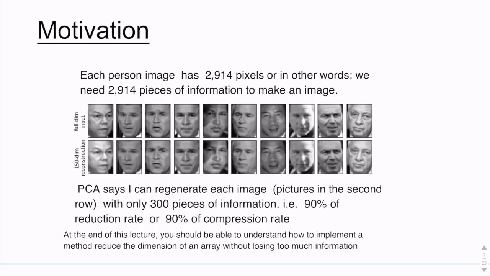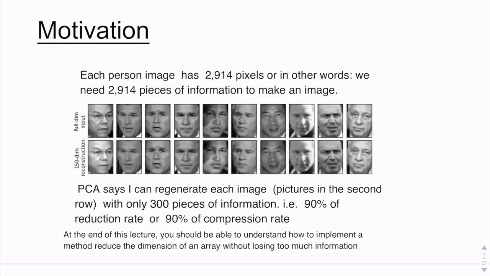Look at the second row: they are almost indistinguishable from the original images. So we are achieving extremely high performance, about 90% dimensionality reduction, or 90% compression for this data.